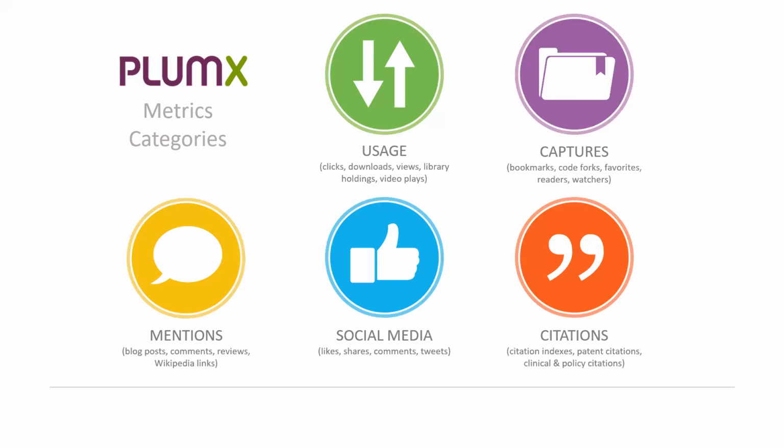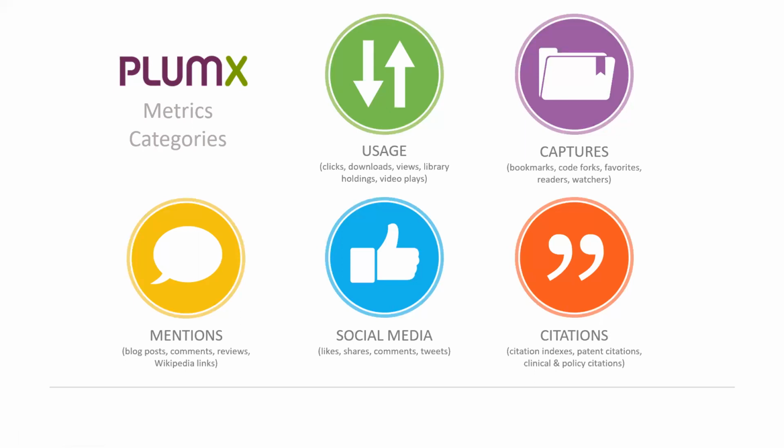And the last group, one of the best known in terms of research output and measurements, is citations. This is a category that contains both the traditional citation indexes, such as Scopus and also EBSCO, as well as citations that help indicate societal impact, such as clinical or policy citations.